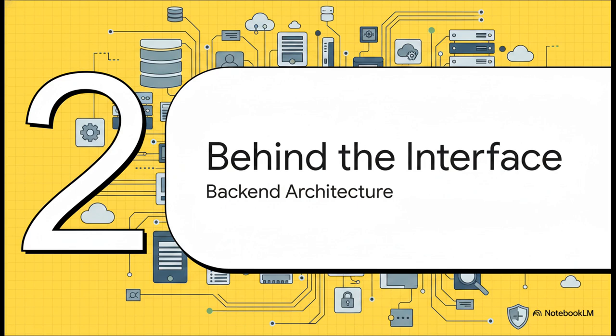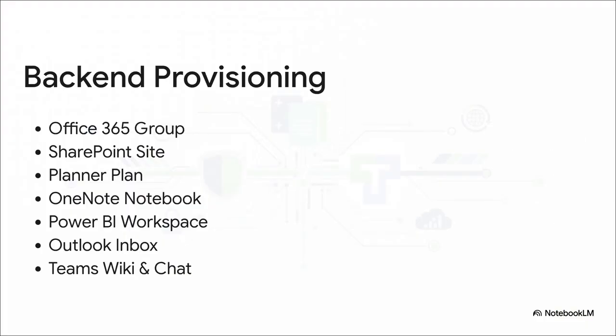Moving on to Part 2. Let's take a look behind the interface at the actual backend architecture. Now, this is where we really have to redefine Teams. It's not just a simple chat room, it is a massively complex backend infrastructure connector. When a user clicks Create Team, they probably think they're just making a group chat, but actually, they are silently triggering a massive backend provisioning script.